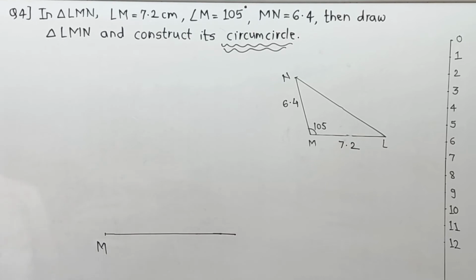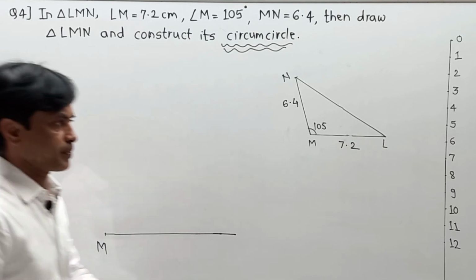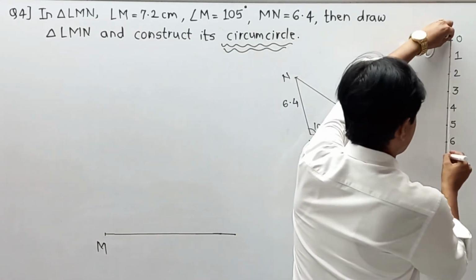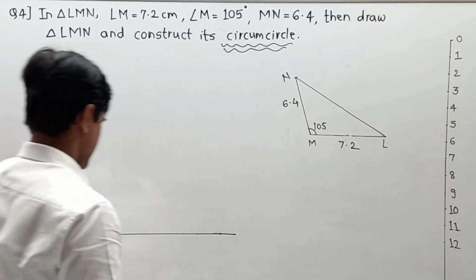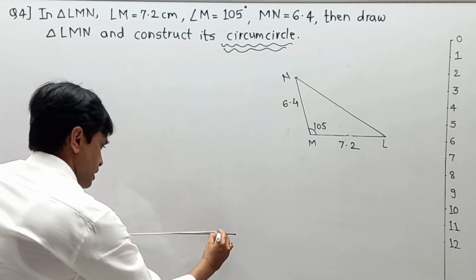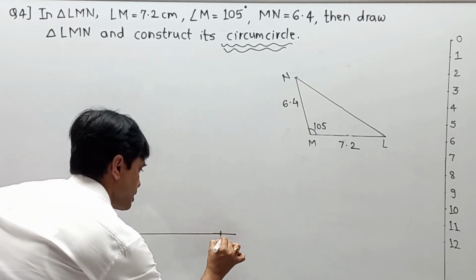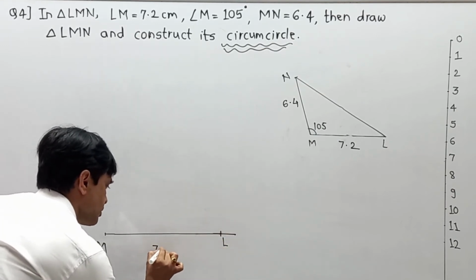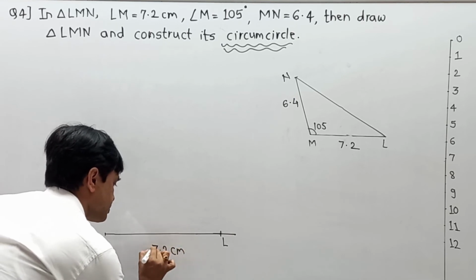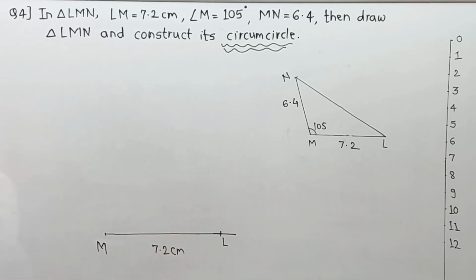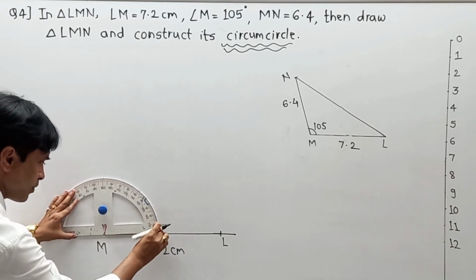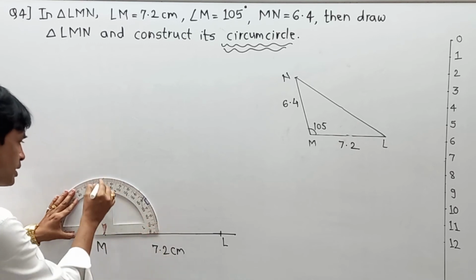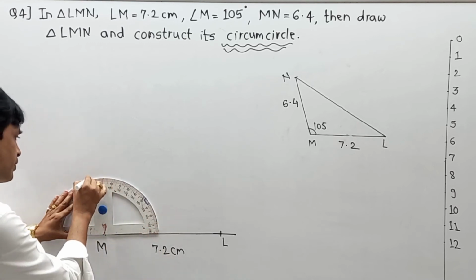So, taking that distance as 7.2 centimeter, from M to L, this distance is 7.2 centimeter. Now from M, we have to take an angle of 105 degrees. So from M, we take an angle of 105 degrees: 90, 100 and 105.